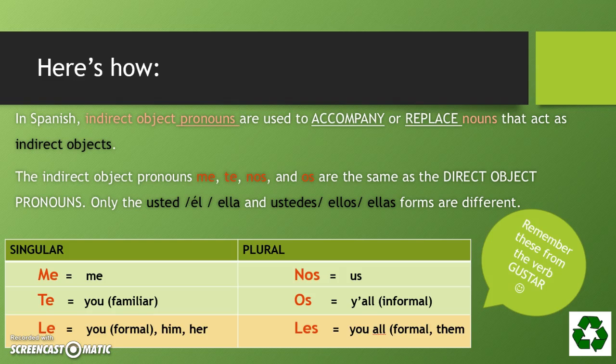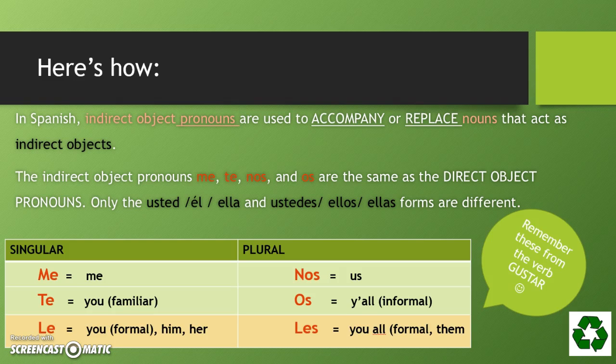So again, since these answer the question to whom or for whom, we will have le or les if it's replacing a group of people. So if you take a look, me, te, le, nos, os, les, it looks pretty similar to what we used when we did gustar, right? So if you think about gustar, the verb to like, it's literally saying something is pleasing to someone.